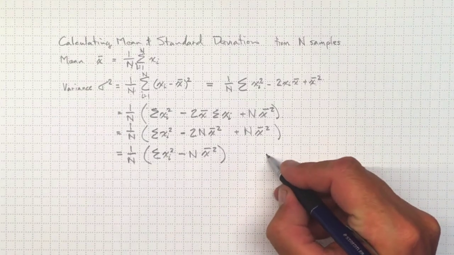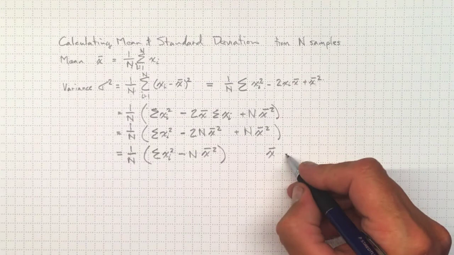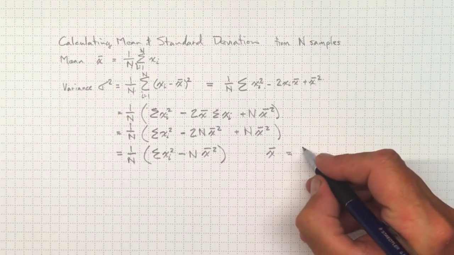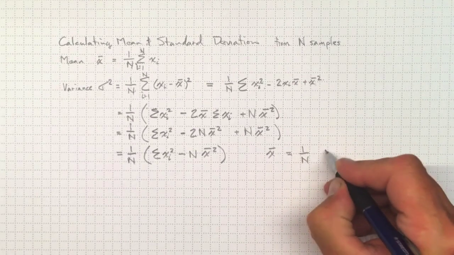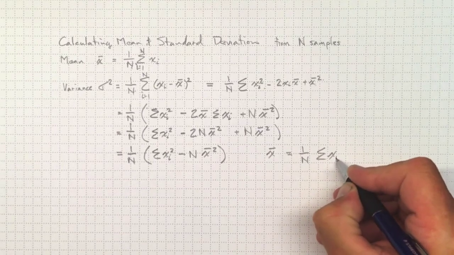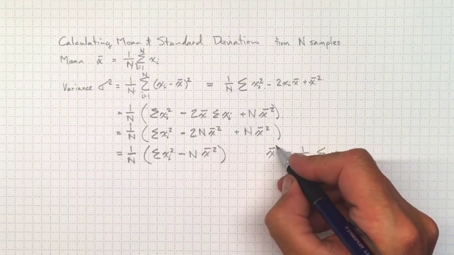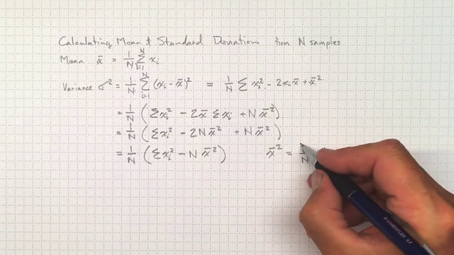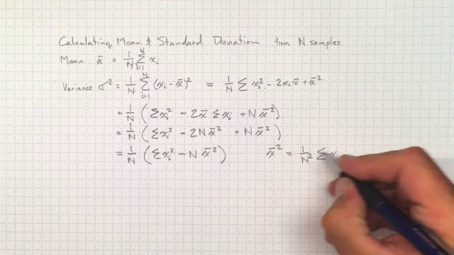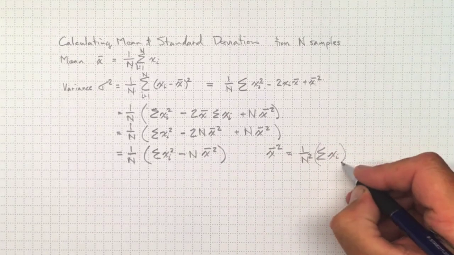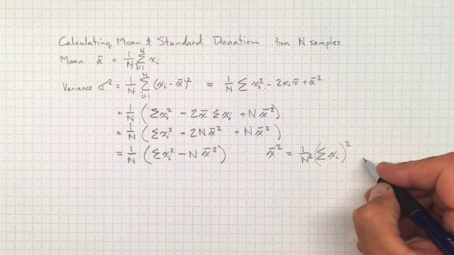But remember, x bar is equal to 1 over n, the sum of xi. So x bar squared will be equal to 1 over n squared times the sum of xi, squared.